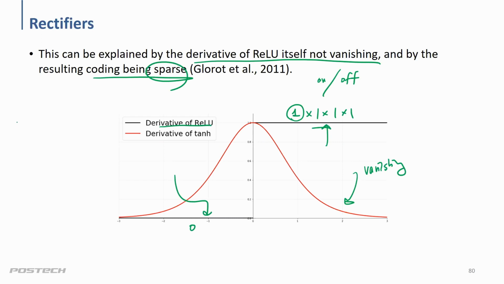If you think your network is deep, it's recommended to use ReLU functions instead of hyperbolic tangent or sigmoid functions, because you can prevent the vanishing effect and problems.